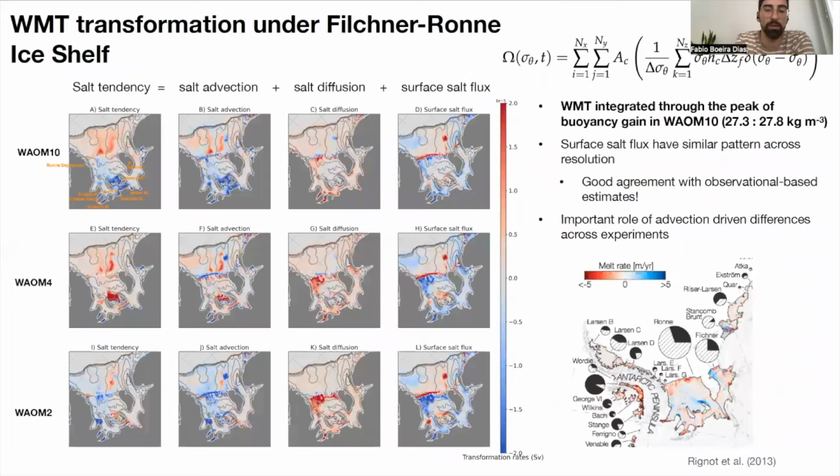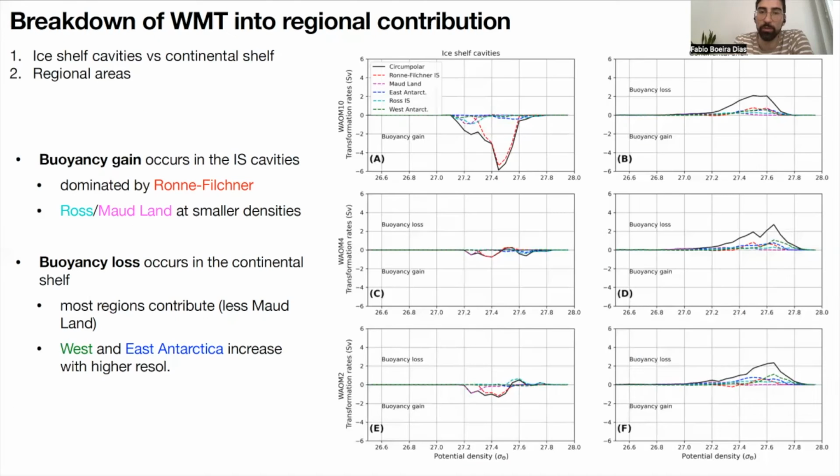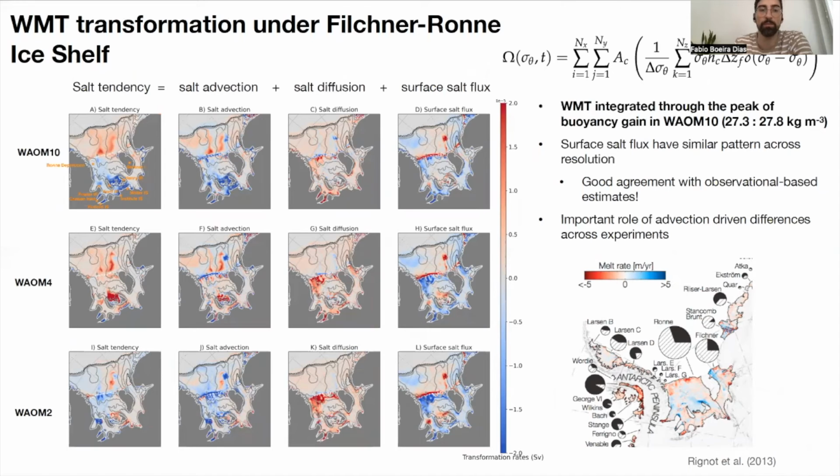So first, we look at the water mass transformation maps under the Ronne-Filchner Ice Shelf. Basically, you integrate all the transformation rates within the range where you have the larger buoyancy gain in the 10 kilometer simulation.